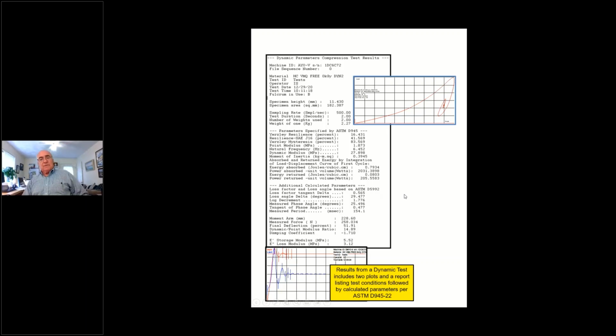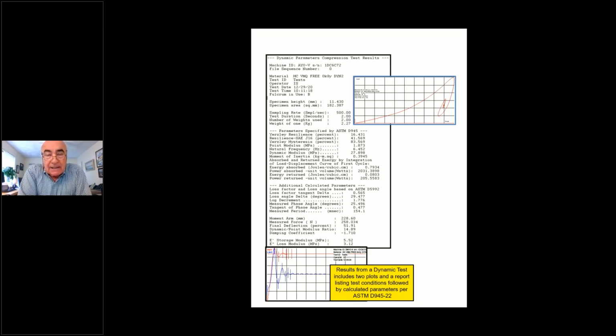By the way, I would like to refer to D5992. It characterizes dynamic testing systems under free oscillation and forced oscillation. Our system is a free oscillation system. The forced oscillation system is based on hydraulic, piezoelectric, or other actuators, which really can scan all the way up to a given hertz.